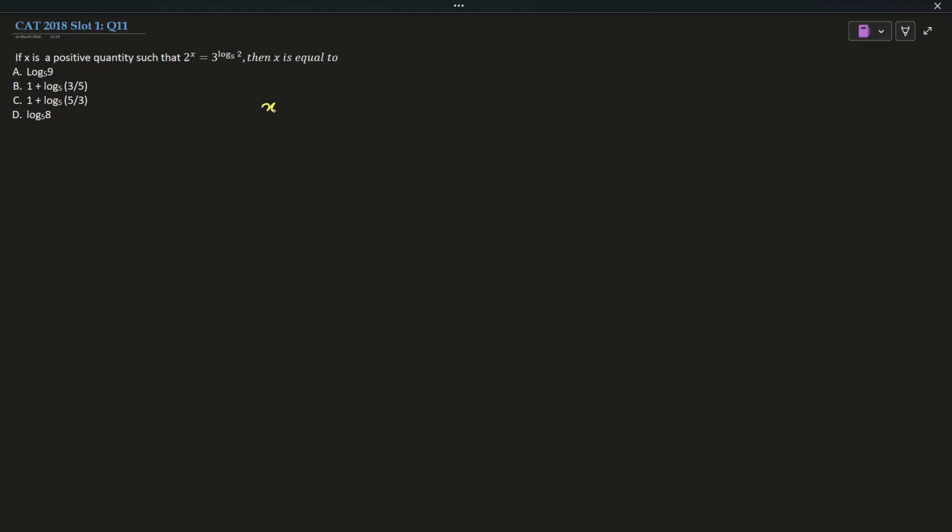X is a positive quantity. Positive quantity means x belongs to real numbers plus, or I can say x greater than 0, such that 2 to the power of x is equal to 3 to the power of log 2 to the base 5. Then I need to find the value of x. This is a very simple question.